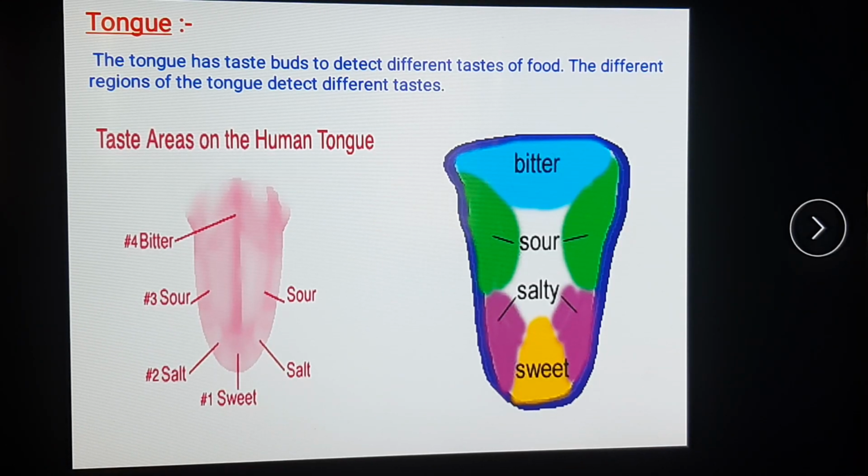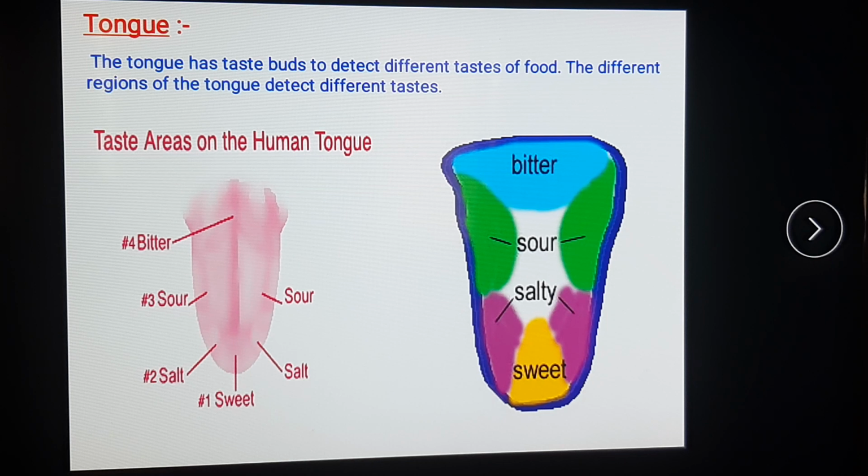The next point is the tongue. The tongue has taste buds to detect different tastes of food. The different regions of the tongue detect different tastes. Here you can see in the picture the taste areas on the human tongue. Here the person can taste bitter. In the front the person can taste sweet, next to the sweet on this side the person can taste salty, and here the person can taste sour.